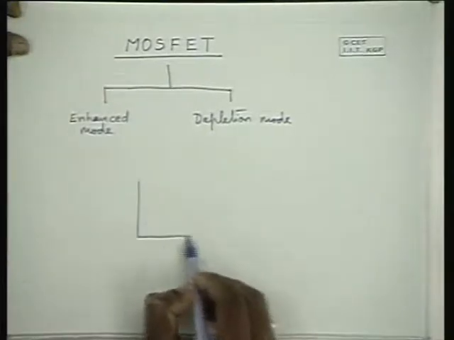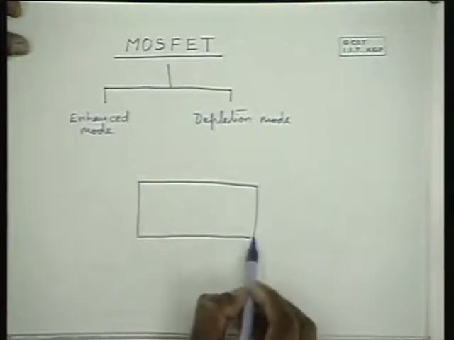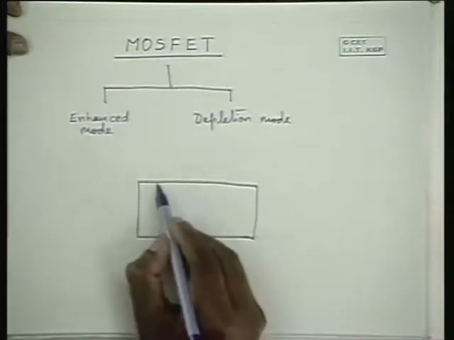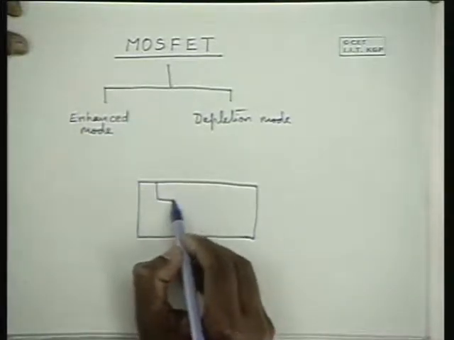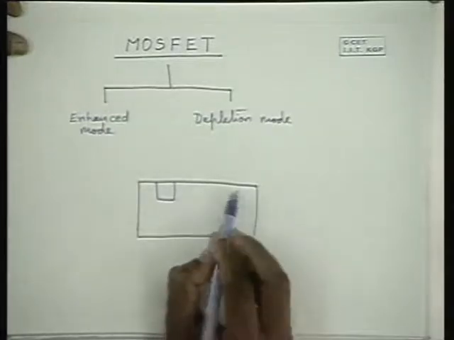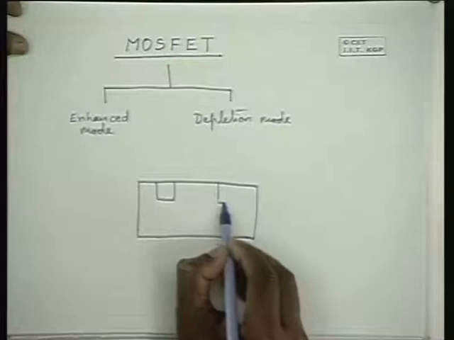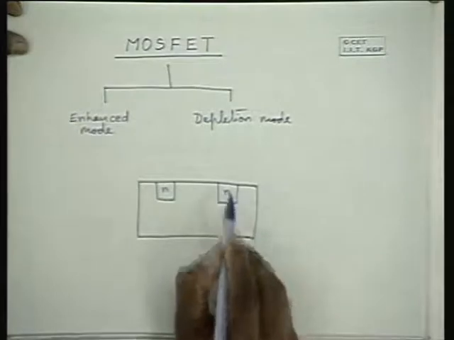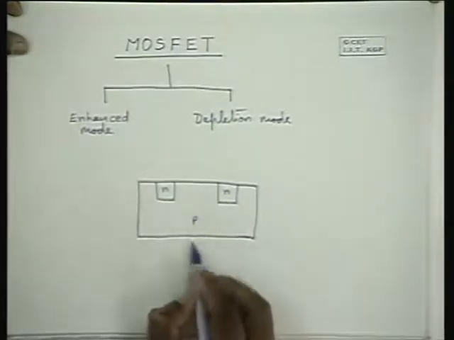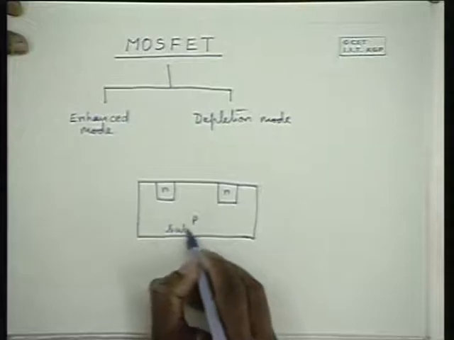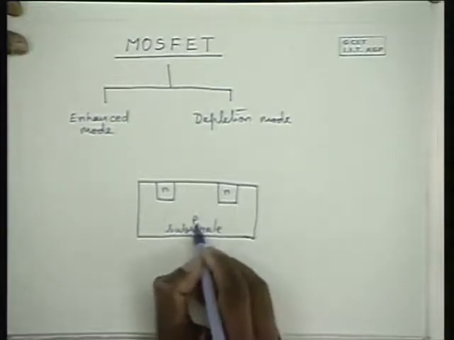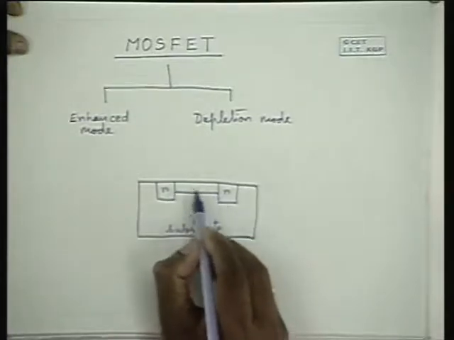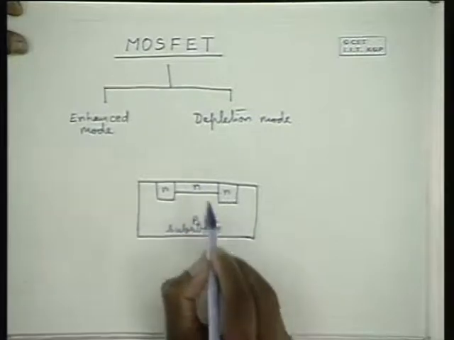First you have a p-type semiconductor substrate, a base, into which you grow an n-type region like this to form the source, and another n-type region into the p-type substrate itself to make the drain. And in between you grow an n-type channel.